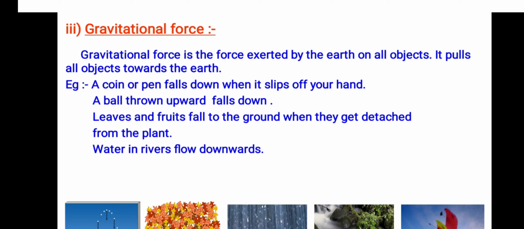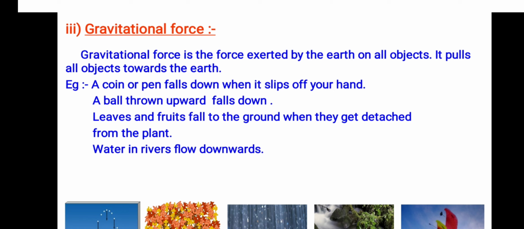Example, water in rivers flows downwards. Leaves and fruits fall to the ground when they get detached from the plant. A ball thrown upward falls down. A coin or pen falls down when it slips off your hand. So these are examples of gravitational force.